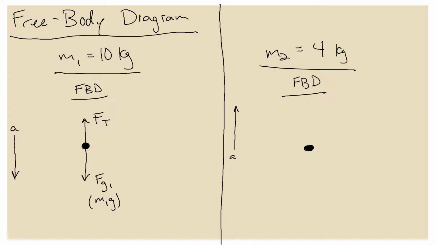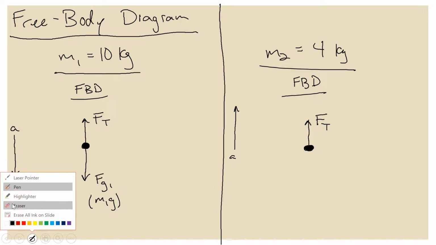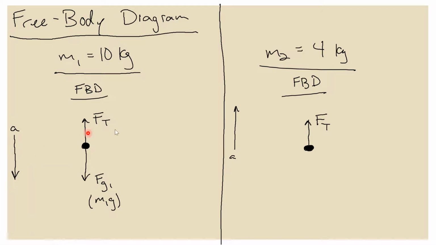So notice the length of the arrow that you draw for the 10 kilogram object has to be about the same as the length of the arrow for the 4 kilogram object. I want to be very certain that I'm emphasizing this appropriately. These arrows have to be about the same length.